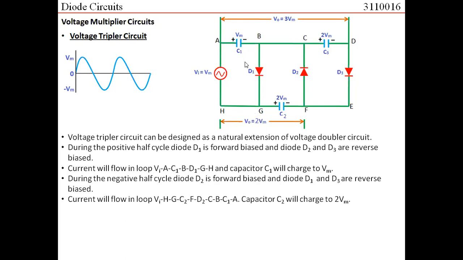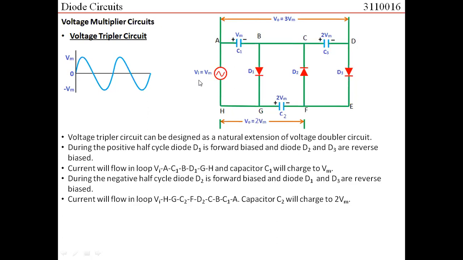During the negative half cycle, diode D2 would get forward bias and diodes D1 and D3 would get reverse bias. So the current would basically flow in the loop of Vin, H, H to G, G to C2, C2 to F, F to diode D2, D2 to C, C to B, C1 and A. Now, as it was happening in the voltage doubler circuit discussed previously, the net voltage to which the capacitor C2 would charge would be the addition of Vin plus Vc1.